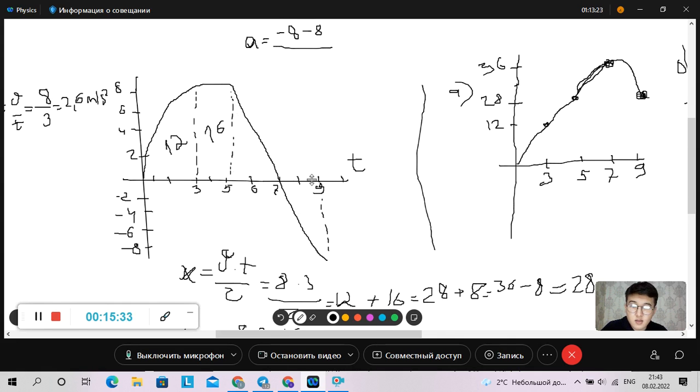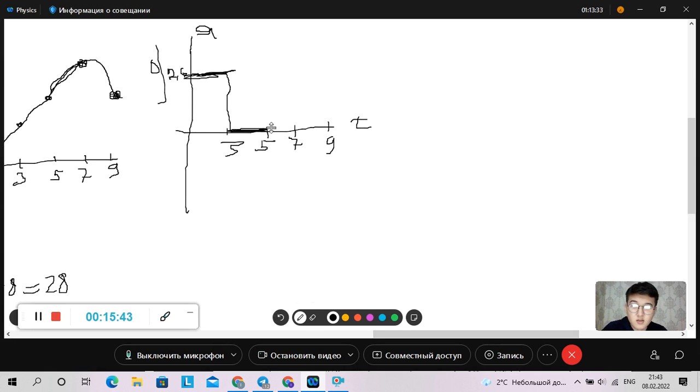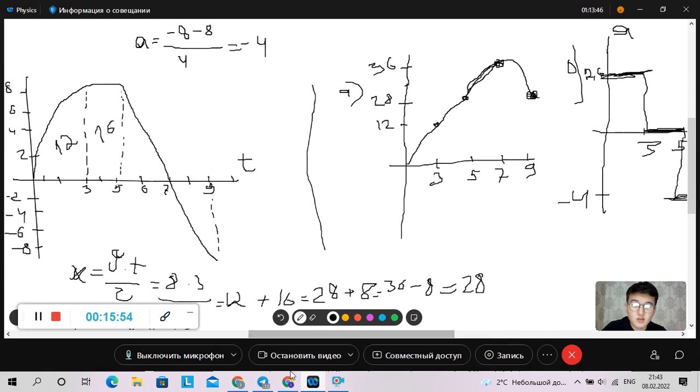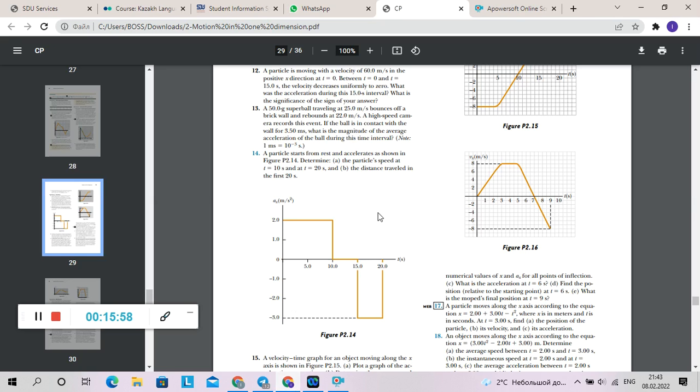The time is 9 minus 5, which is 4, and the acceleration is minus 4. And also the second and the third parts are minus 4 meters per second squared.